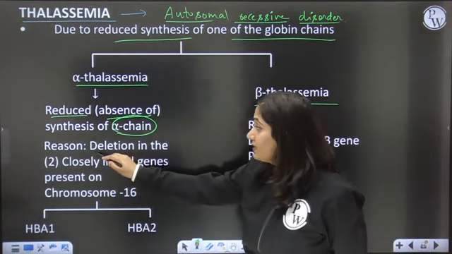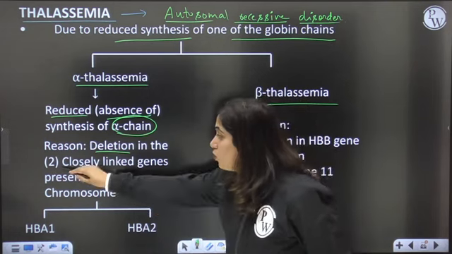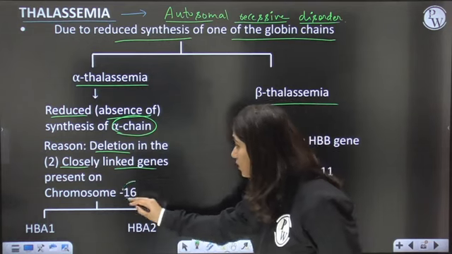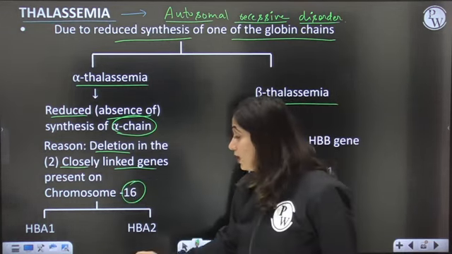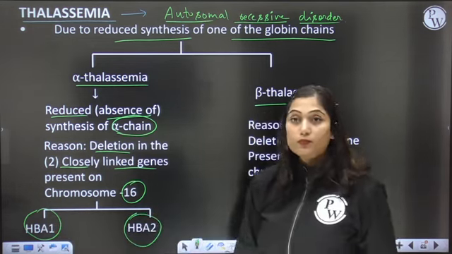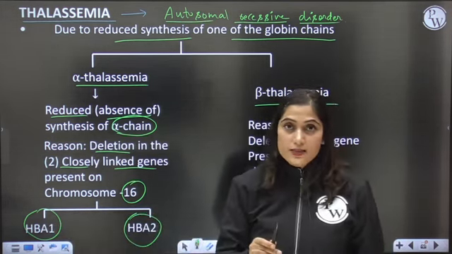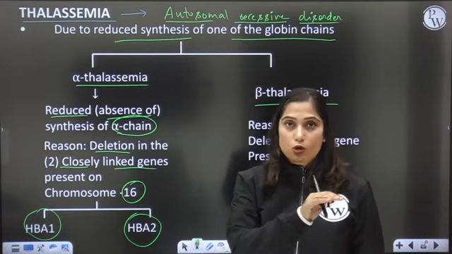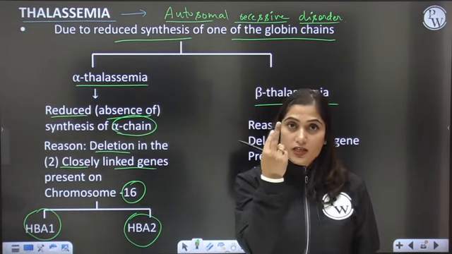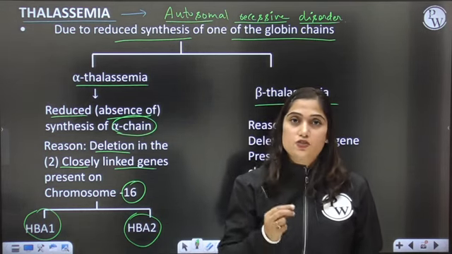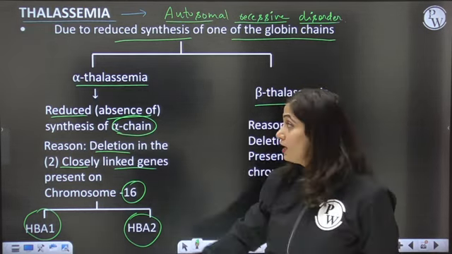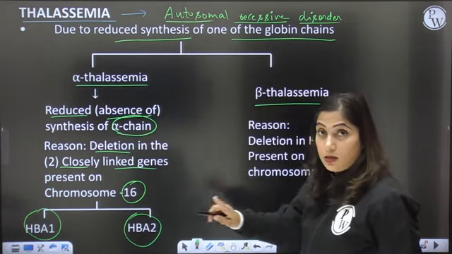There is a deletion in two closely linked genes, two genes present on the same chromosome, chromosome 16. And the names of the genes are HBA1 and HBA2. Learn with me. Alpha thalassemia means reduced or no synthesis of the alpha chain, and the reason is deletion in two closely linked genes, HBA1 and HBA2, present on chromosome number 16. Do not get confused. Alpha 16, okay?